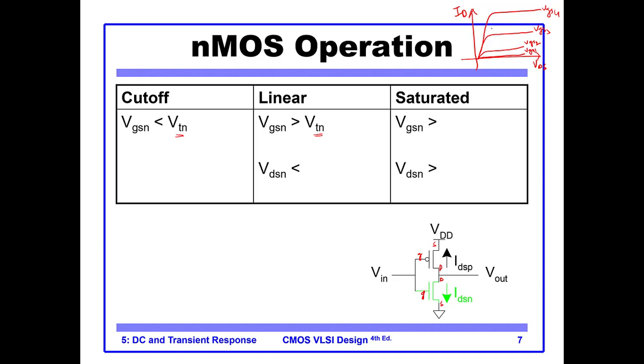So where was the linear region? The linear region was on the left hand side of this point where the transistor saturates.